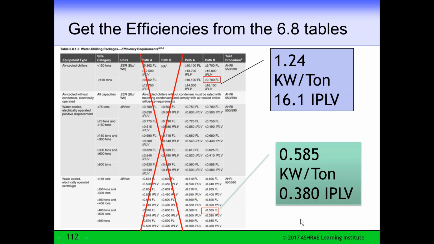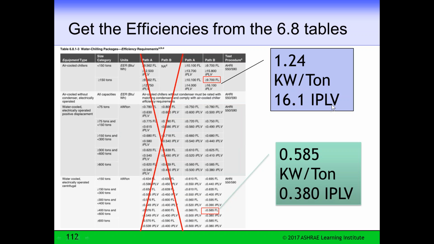Now, hopefully, when we look at that chiller, the air-cooled chiller at full load would run at approximately 1.24 kW per ton at a 16.1 IPLV.